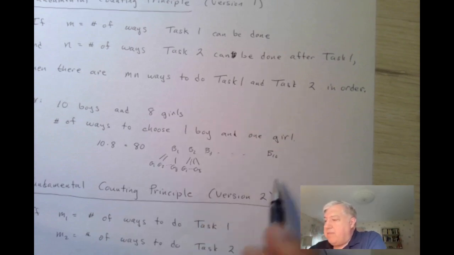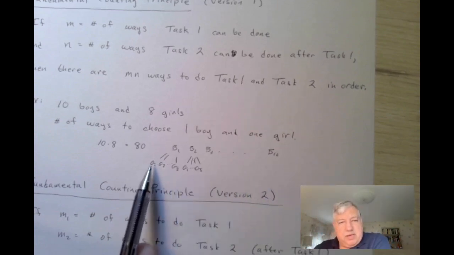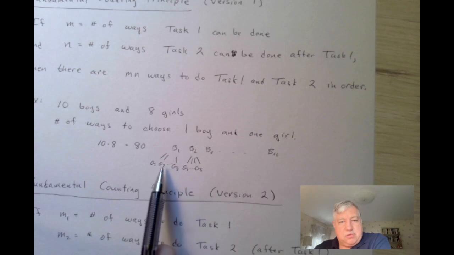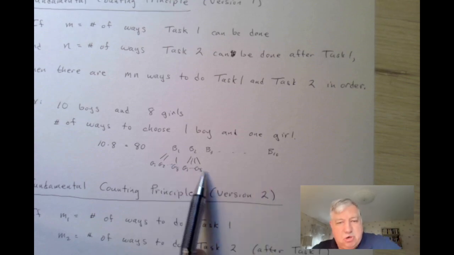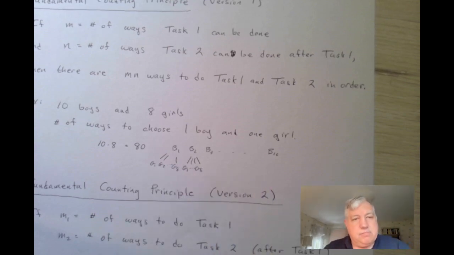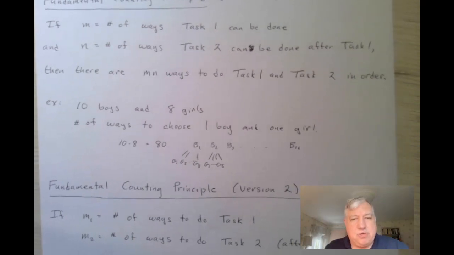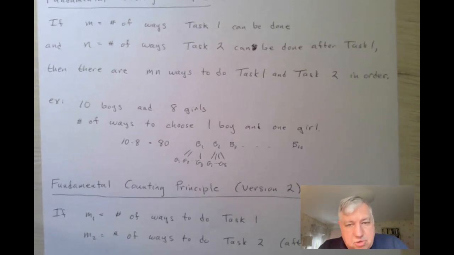Okay, and then you'd see that there are actually going to be 80 of these final nodes, where each node represents a way you can do this task. So hopefully it's apparent why we're multiplying and not adding, right?